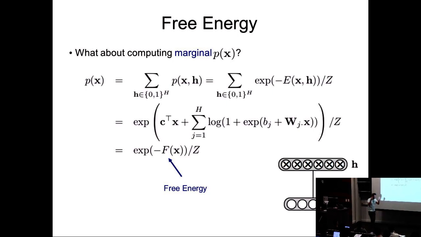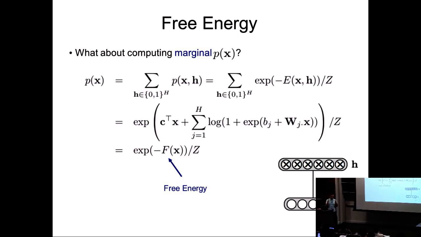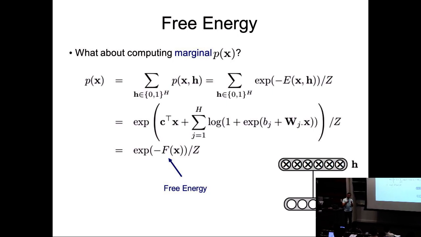You can go through the definition; it's just a little bit of algebra, plugging in values of 1 and 0. And this term here is known as the energy. Here we're using the conditional independence property in order to compute this exponential sum, because you can push it inside. I would encourage you to do this derivation yourself. It's not very complicated, but it requires a little bit of algebra.